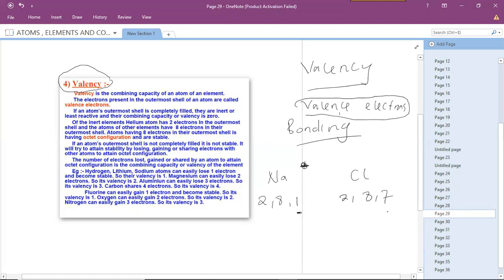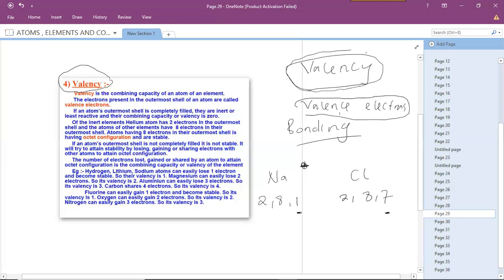How many valence electrons does chlorine have in its outermost shell? 7. Valence electrons are electrons found in the outermost shell, the last shell of an element. But this word valency means bonding power.